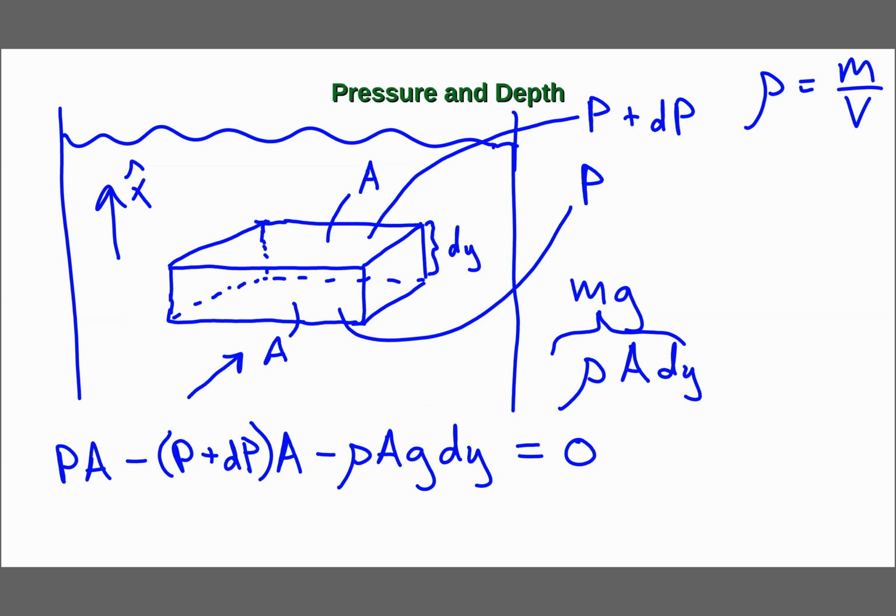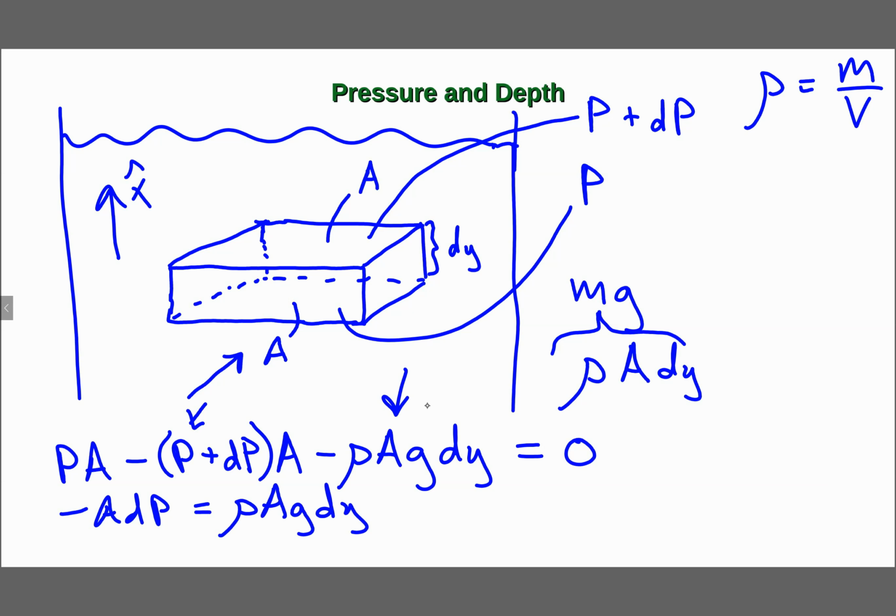Then we can just do a little bit of algebra. We have a PA here, and we have a minus PA from this term here. Those are going to cancel. And so we're going to have A dP. We can bring this term to the other side and say that's minus A dP. And we can bring this term to the other side and say we have rho A G dy, right?